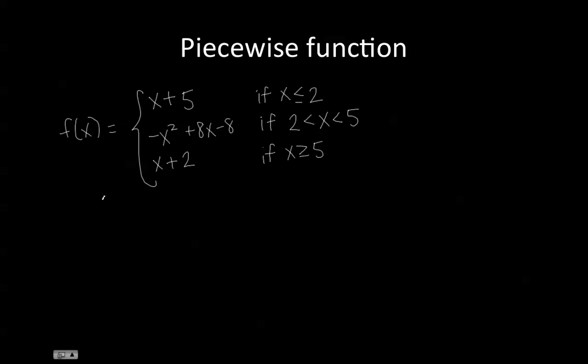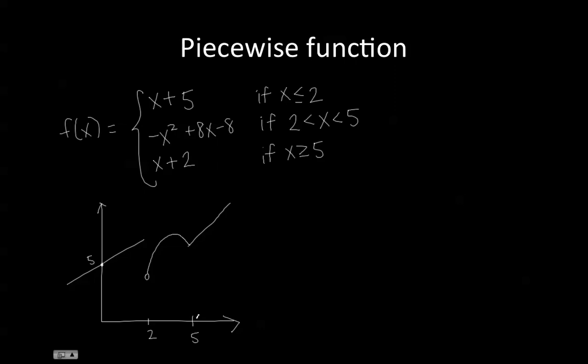Well, a graph of this would look a little like this, where this is 5, this point is 2, and this point is 5.